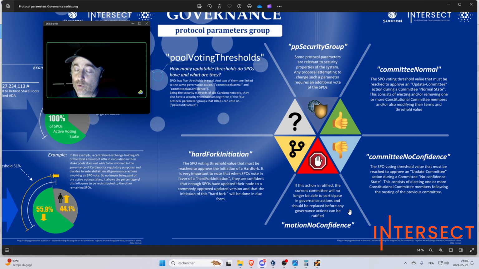There's something else. There's the motion of no confidence if you don't like the committee. But again, as a reminder, there's not only the SPO threshold that you need to cross, there's always a minimum of 2 and a maximum of 3 per governance action. So everything that the SPO can vote on also has to cross the second layer of governance security.